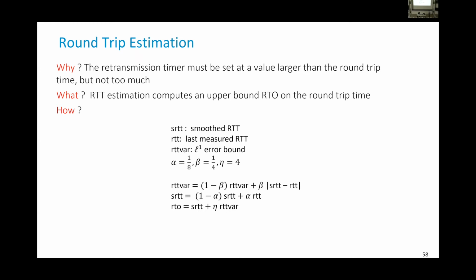We said when a packet is transmitted, we set up a timer. Then we also need to estimate a value here, and the value ideally should be an epsilon larger than the round-trip time.